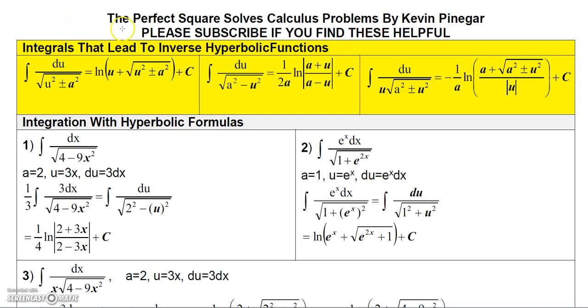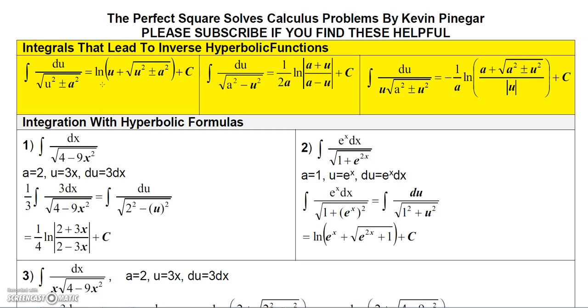Okay, now actually it says these are integrals that lead to inverse hyperbolic functions, but I just want you to understand you're not actually going to see it say inverse hyperbolic sine or inverse hyperbolic cosine in here. But remember that the inverse hyperbolic functions actually involve natural logs, because if you think about it, the inverse hyperbolic functions are actually based on the function e to the x.